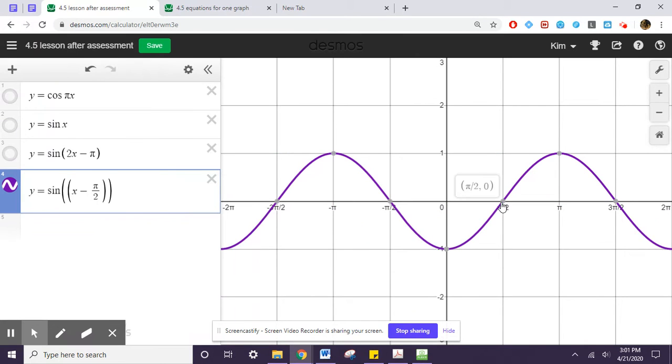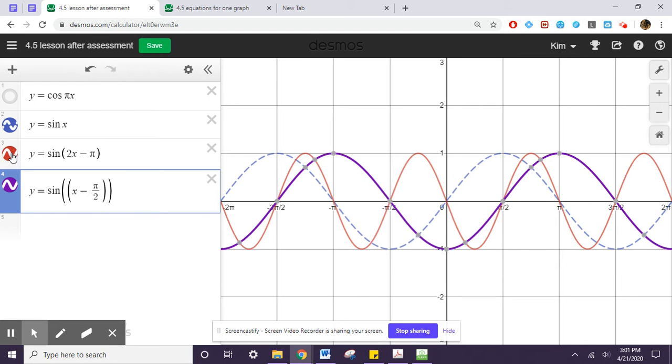Your anchor point is what used to be the y-intercept. So that point there used to be the y-intercept. That's where you're going to stretch or shrink from. So you're going to bring this max in to the left. You're going to bring this intercept into the left. You're going to bring this min into the right to get that graph. So this is the point where you're starting your graph from.